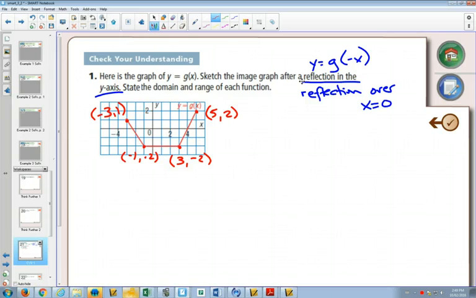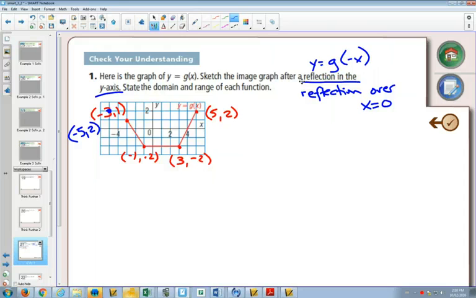If we're reflecting it over the y-axis, it's our x values that are changing. Our x values are going to become negative. So now, and this is where a different colored pen is nice because it might get a little messy, I'm going to have this point right there. Maybe my first labeling wasn't too strategic. That point is going to be (-5, 2), because the x value is going to become negative.